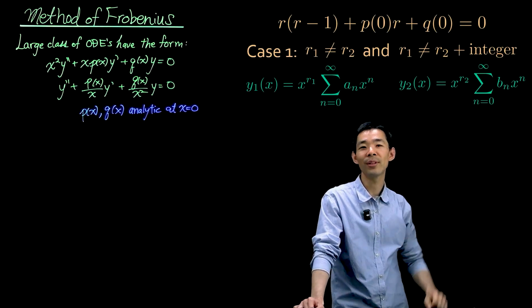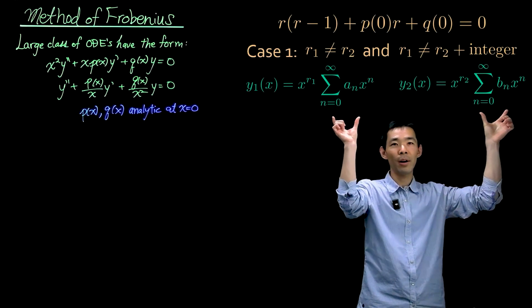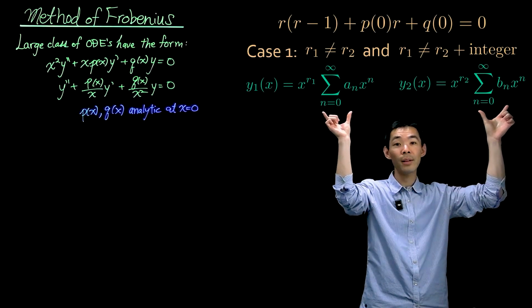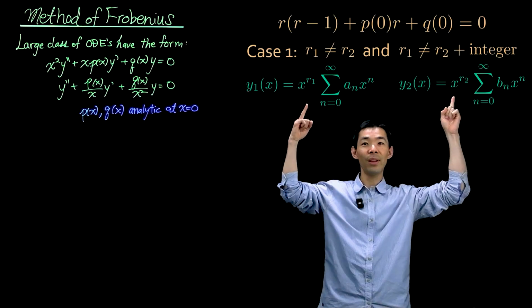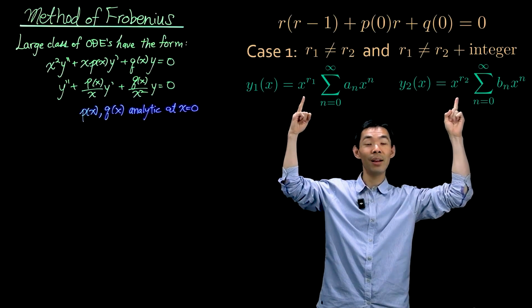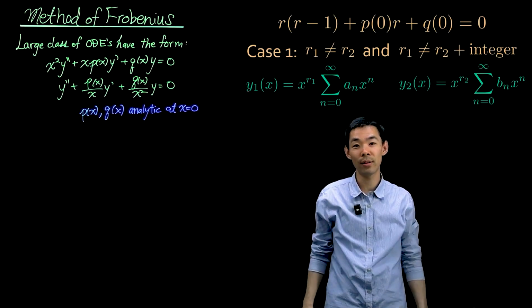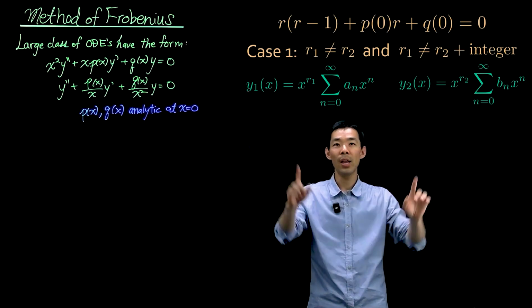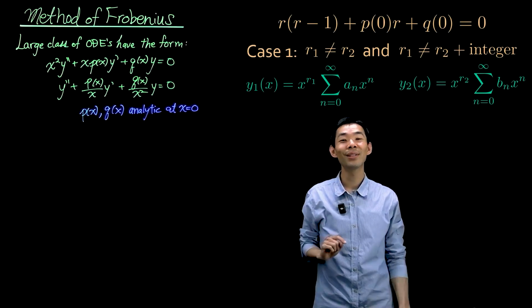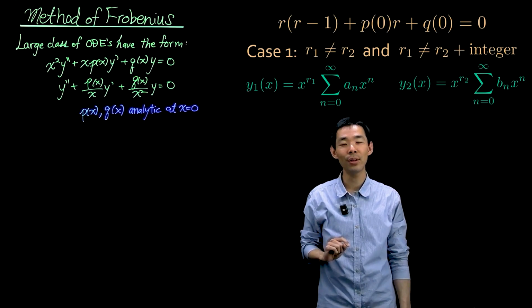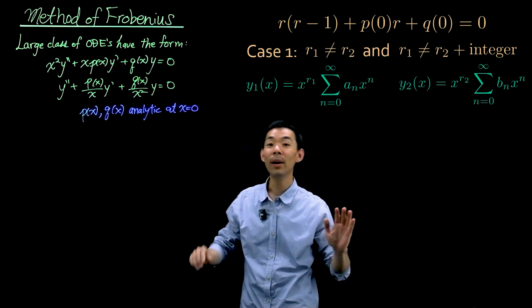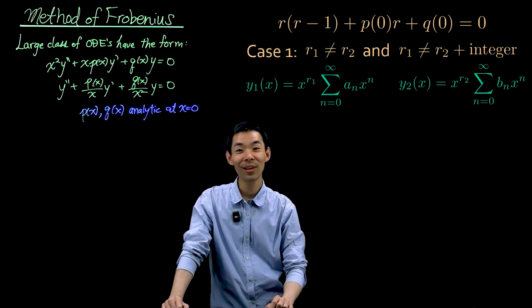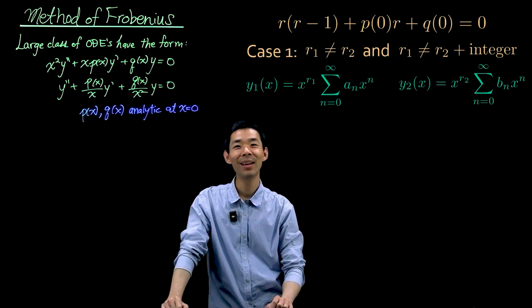And then the polynomial is x to the n. So you have these two parts right here that are both the normal power series with a different thing out in front of x raised to R1 and R2. Easy.